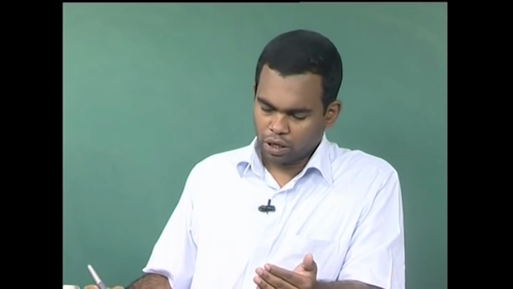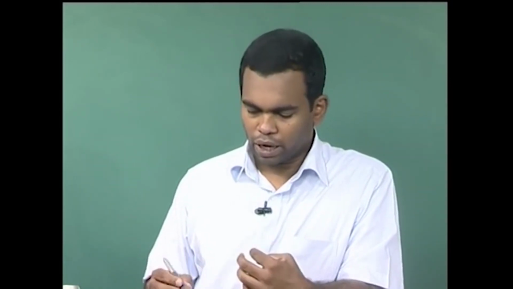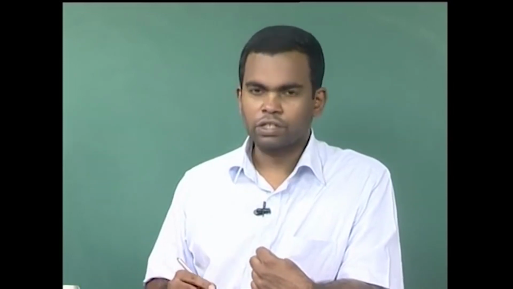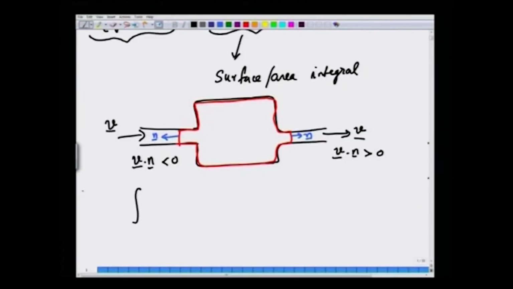Regardless of how you choose the coordinate system, v dot n is always negative in the entrance and always positive in the exit. So, let me just focus on the momentum flux term in the integral momentum balance, that appears like this: integral rho v v dot n dA over the control surface.